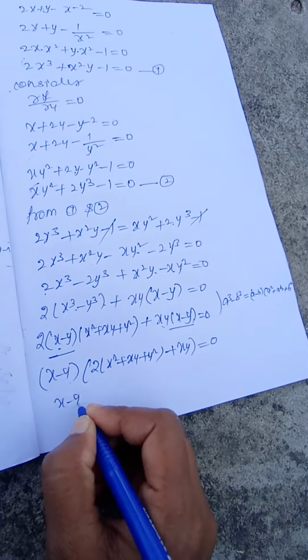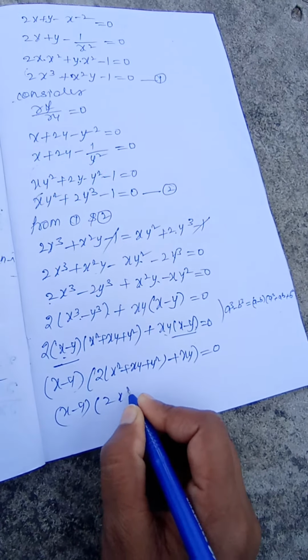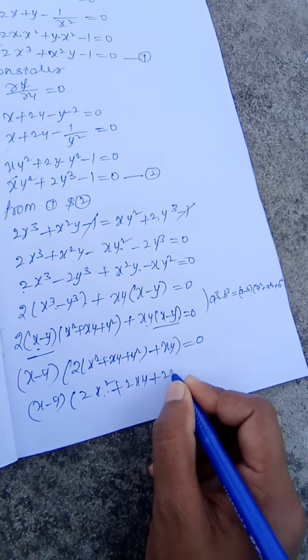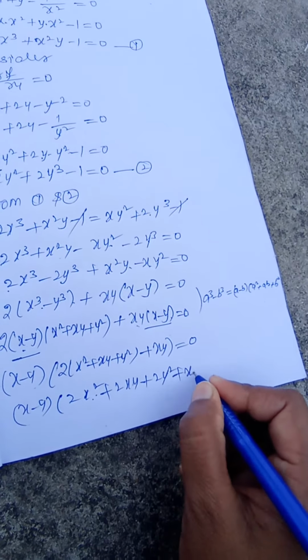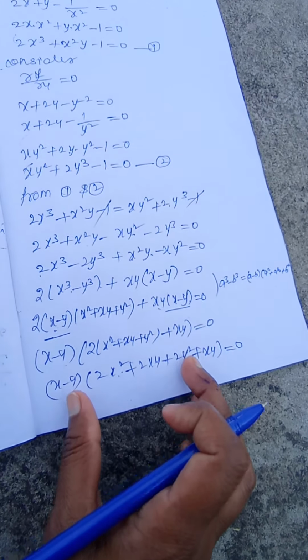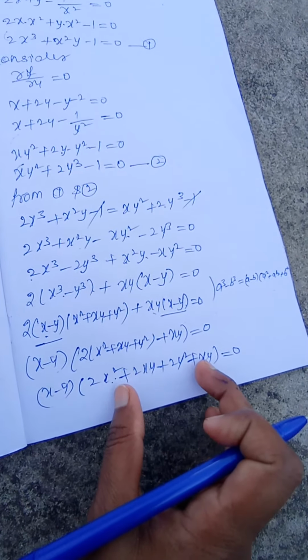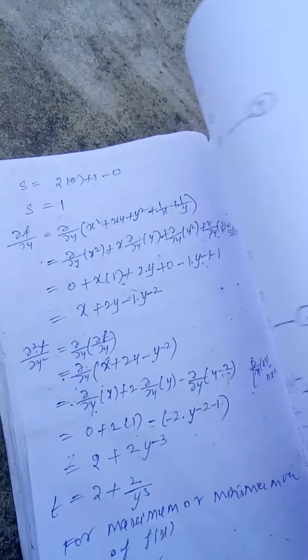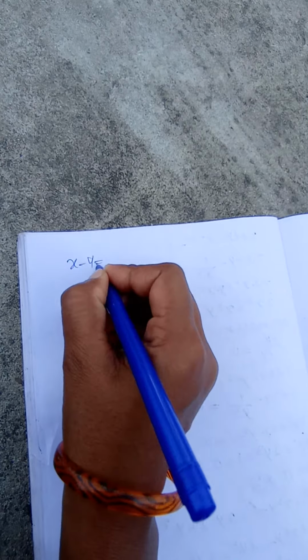So x minus y into 2x square plus 2xy plus 2y square plus xy equal to 0. So these two terms are a product, so x minus y equal to 0 or this term is 0.